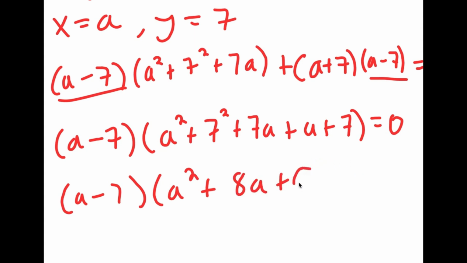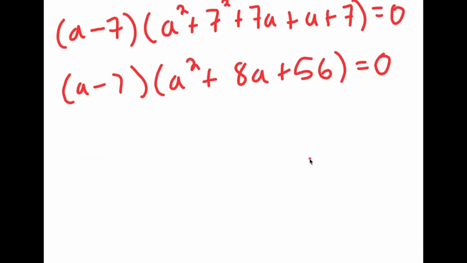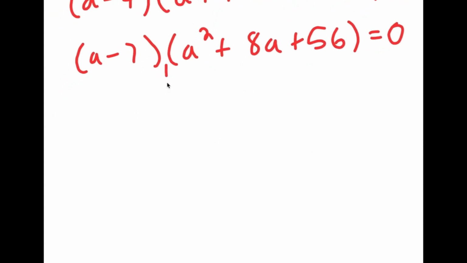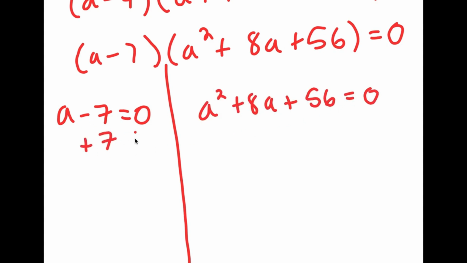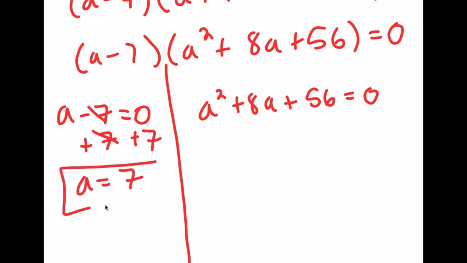So this is equal to 0. Now from here, I get two equations. I get a minus 7 is equal to 0, and I get a squared plus 8a plus 56 is equal to 0. So for a minus 7 equals 0, I can add 7 on both sides. So these two cancel out, and I get a equals 7.